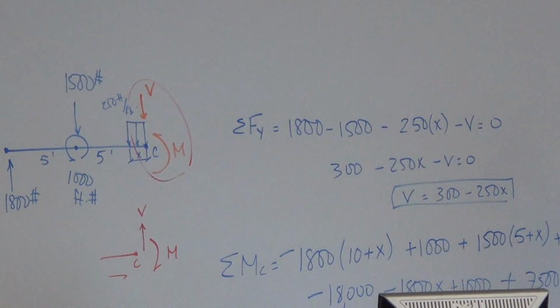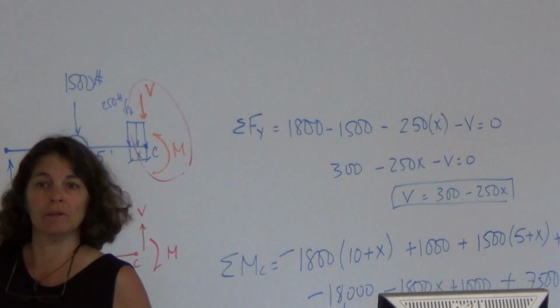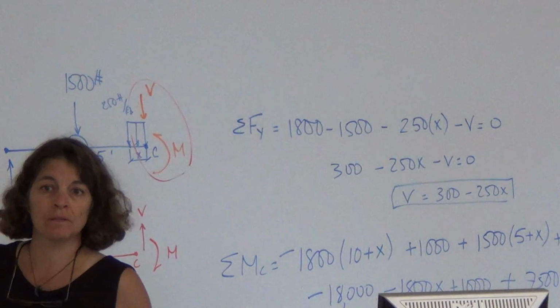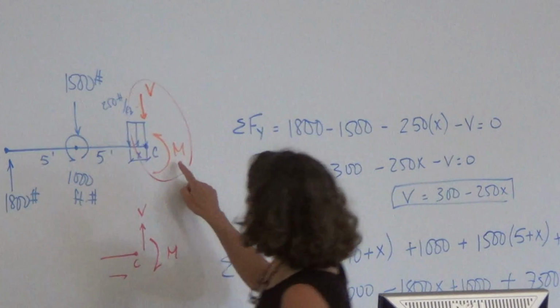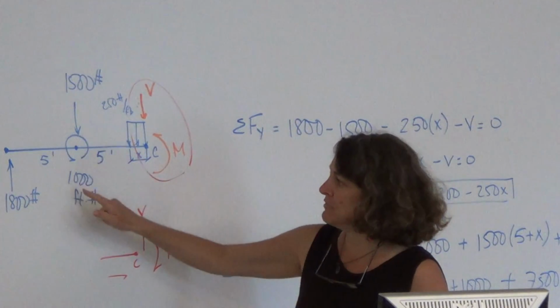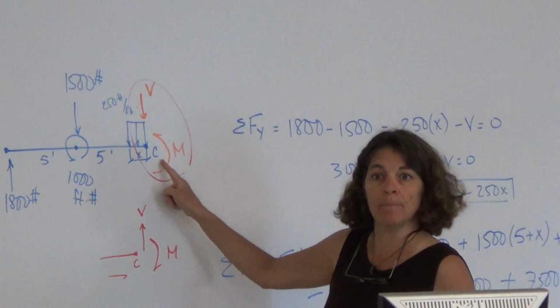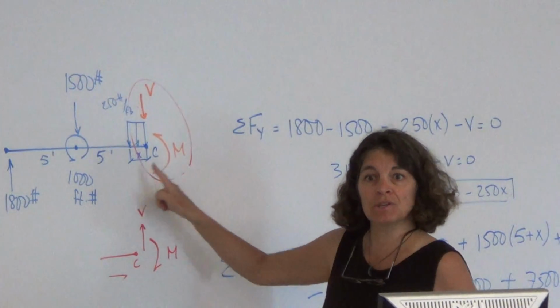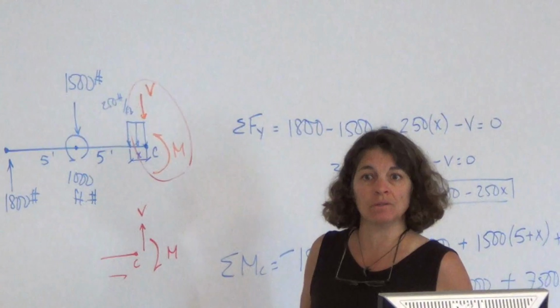But remember that if you're adding here, all this is the negative stuff, right? So that means if you have a positive moment, you got to do the opposite. Because if you say positive 1,000 plus m equals 0, m is going to turn out to be negative 1,000.